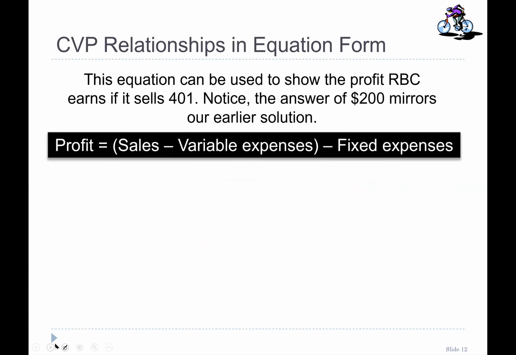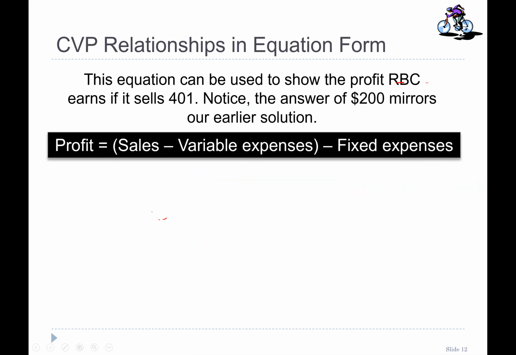Now, this equation can also be used to show the profit RBC earns if it sells 401. So notice the answer of 200 mirrors our earlier solution.